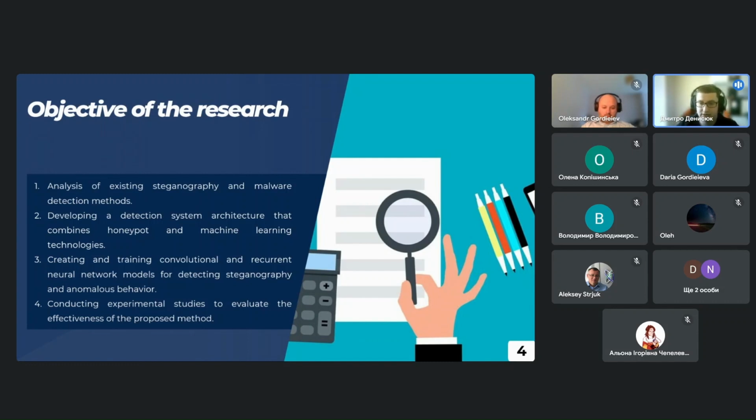To achieve this goal, the following tasks were set. First, analysis of the existing steganography and malware detection methods. Developing a detection system architecture that combines honeypot and machine learning technology.